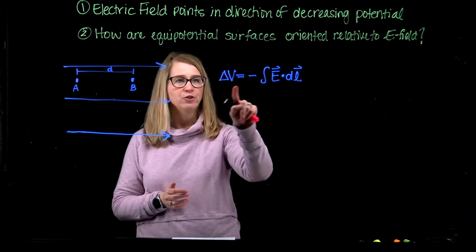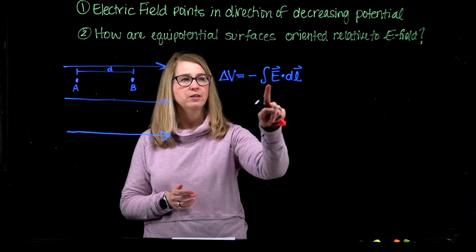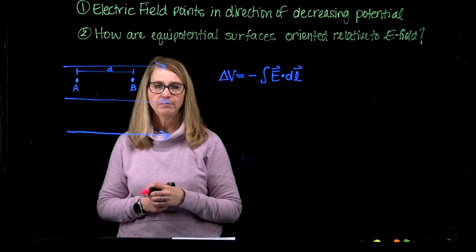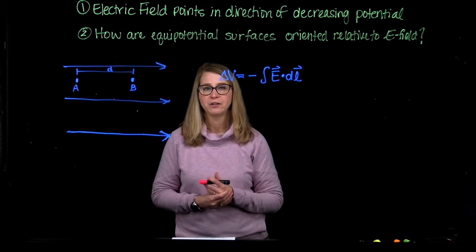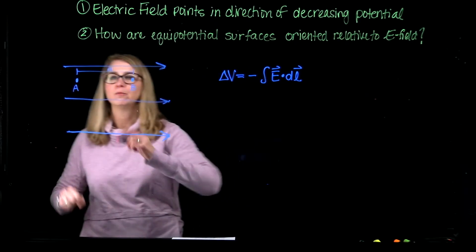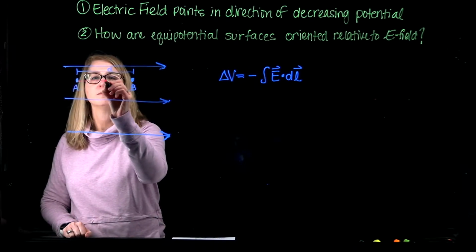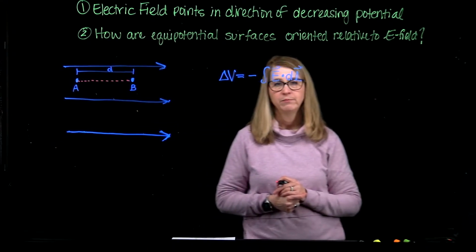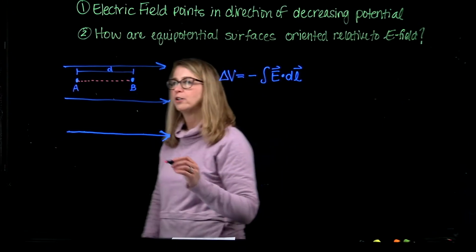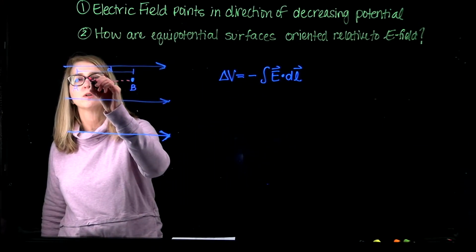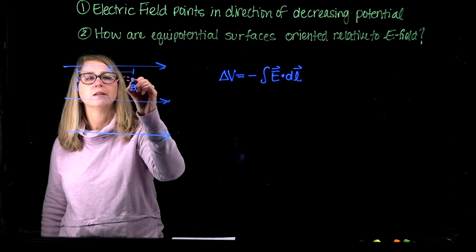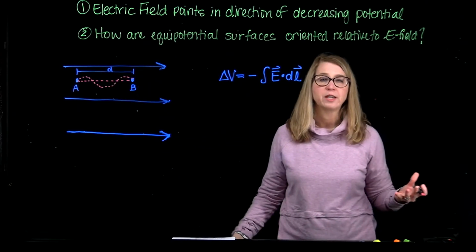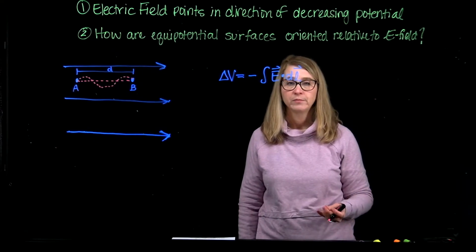The change in potential is equal to minus the integral of the electric field with the displacement. Now, in this scenario, I could move from point A to point B along a very straight line, or I could choose some sort of meandering path, in each case getting from point A to point B.